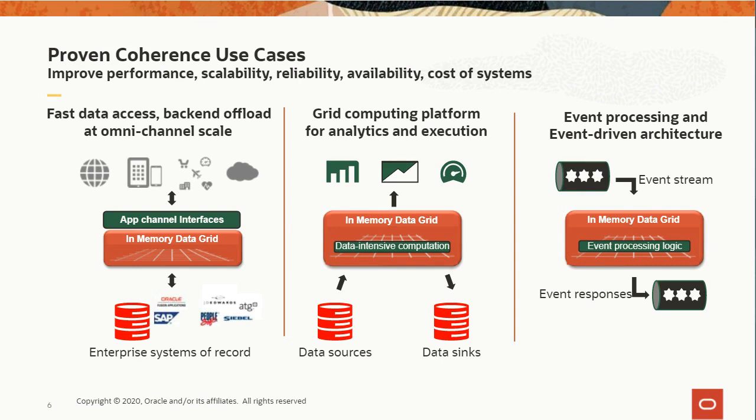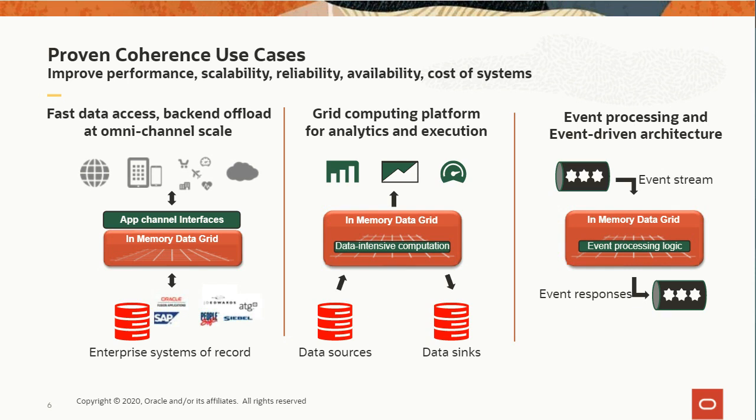Probably the most common use case is just fast data access and back-end offload at very high scale. We're capable of managing single-digit terabytes of data in a Coherence cluster, and some of our largest customers are accessing the cache at about 1 million TPS.